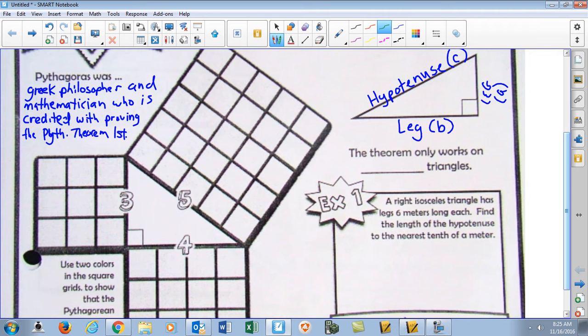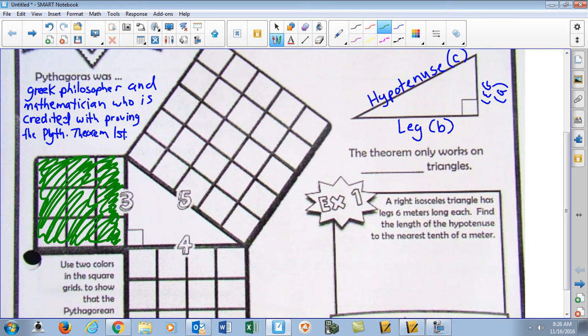It says here, use two colors in the square grids to show that the Pythagorean theorem is true. So I'm just going to use green here on the 3. I'm going to color in as best I can with the smartboard. I'm just going to shade in this green square here, the 3 by 3 square.